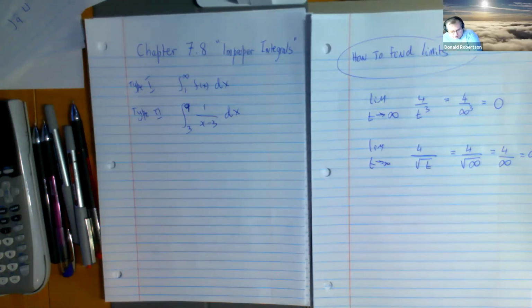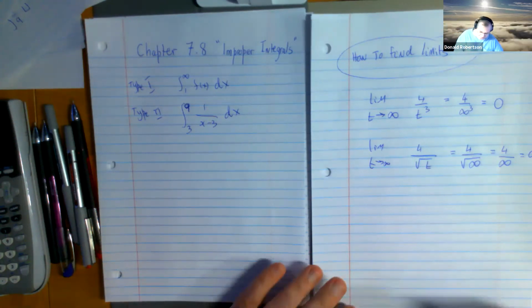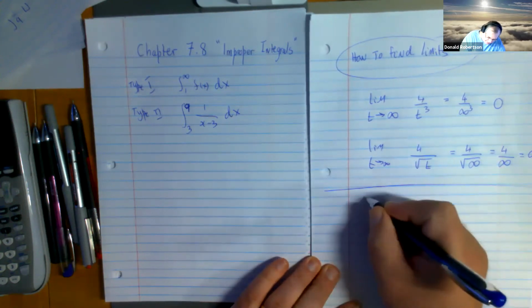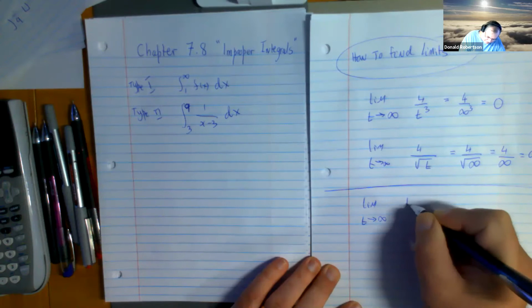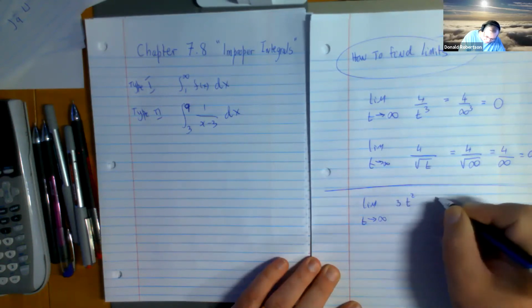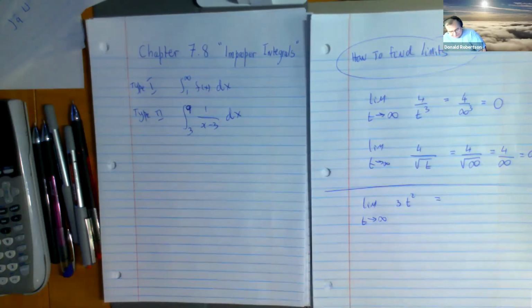Essentially, you look at the variable as if infinity was a number, and you can do some very, very limited calculations, but you can do some. Let's do brute force.